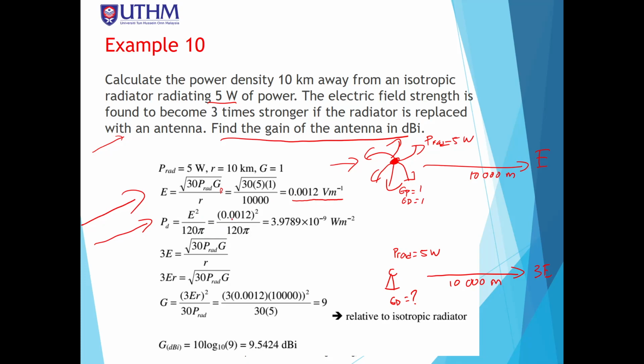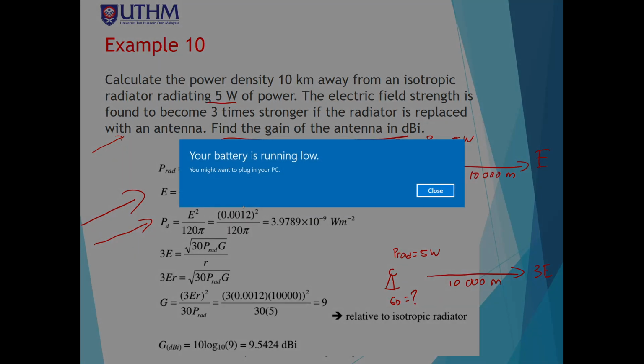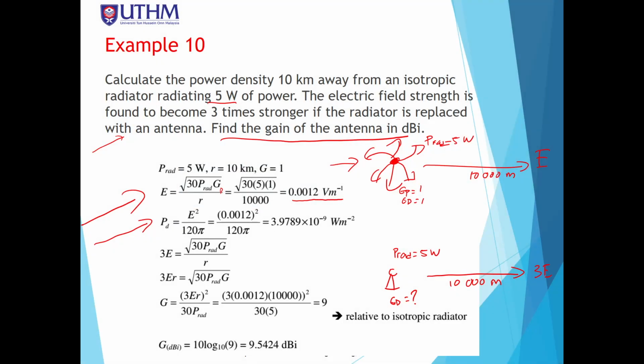So 0.0012 squared divided by 120 pi is equal to 3.9789 multiplied with 10 power of minus 9 watt per meter square. So this is the power density, power per unit area, for the isotropic radiator.